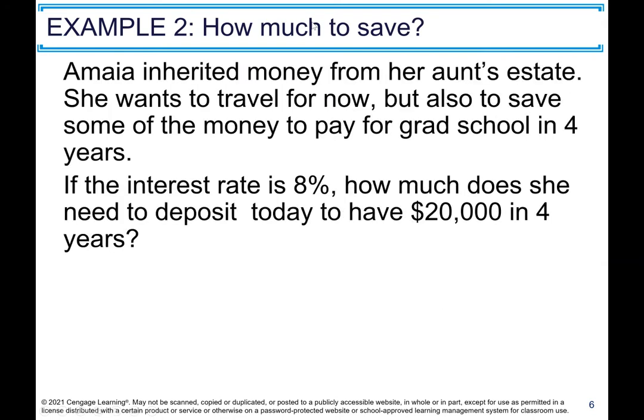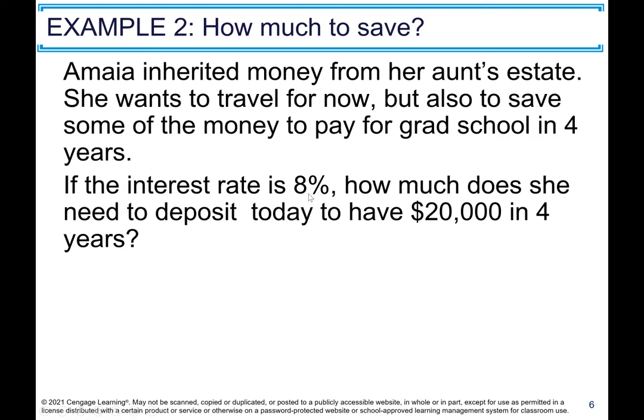Example 2, how much to save? Amaya inherited money from her aunt's estate. She wants to travel for now, but also to save some of the money to pay for graduate school in 4 years.